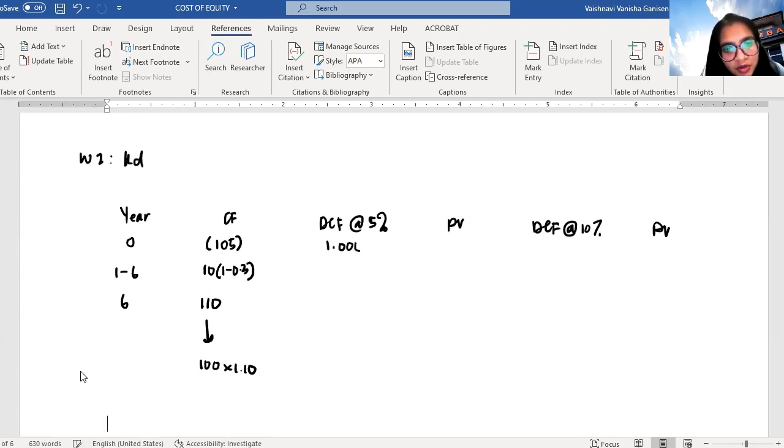My discount factor 1.000. Guys, by now you should be able to do this very fast, faster than me already. 1.05 to the power of negative 6 is 0.746, then 5.076. Here is 3.55.